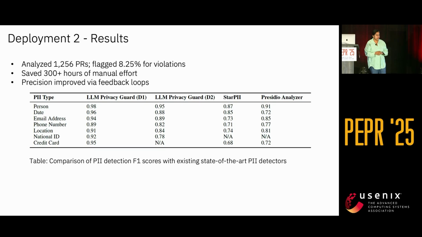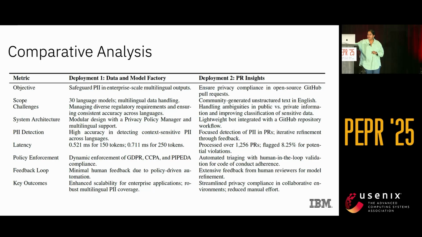I think the reason we are marginally better is that we have global data. So we are able to easily detect an Indian Aadhaar card number, versus Presidio, which has been very well trained on US data, so it can easily detect an SSN versus a national number from countries which have less data in them.